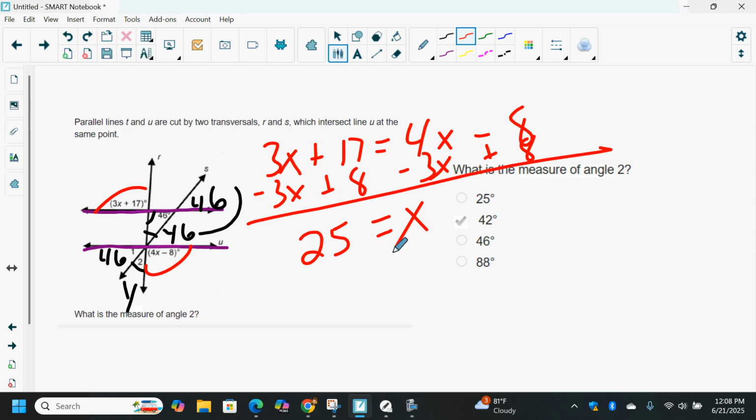So 4 times 25, which is 100, minus 8, which is 92, is what this angle equals.